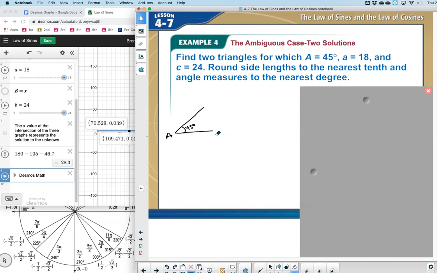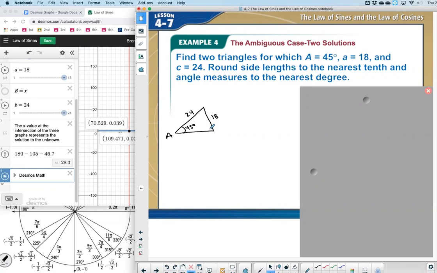So let's just try to draw them out. If that's A, I don't know where C has to be necessarily located. I'm just going to put it here. We'll put that as 24, which means C is there. Is it possible that that 18 could represent right there a 70.5 degree angle?